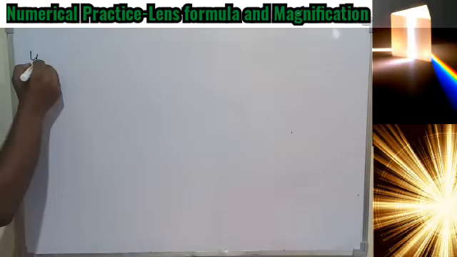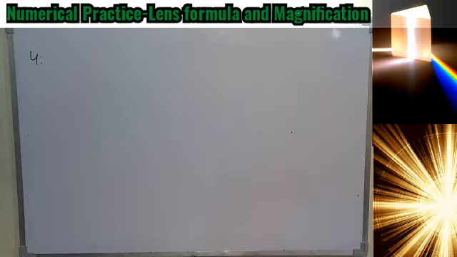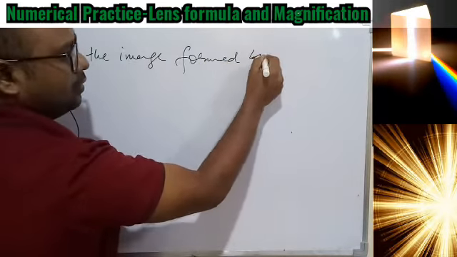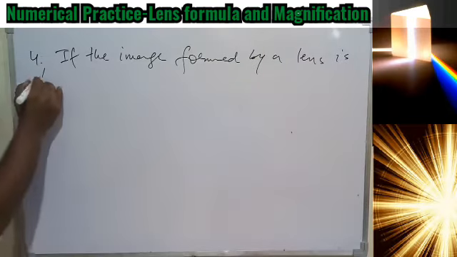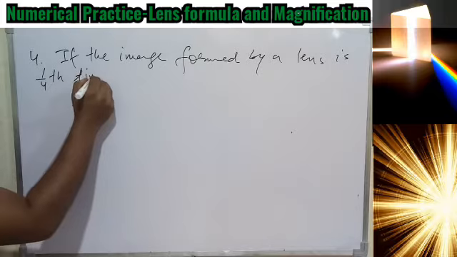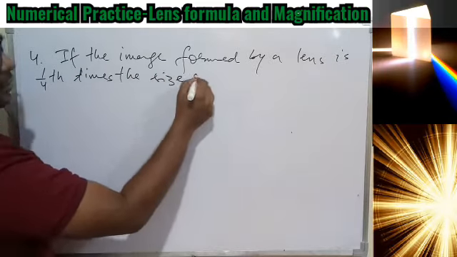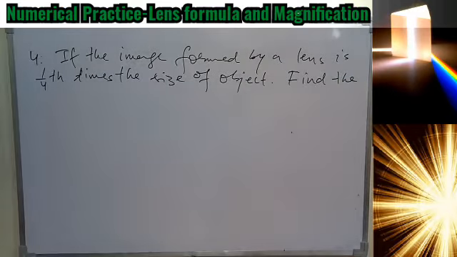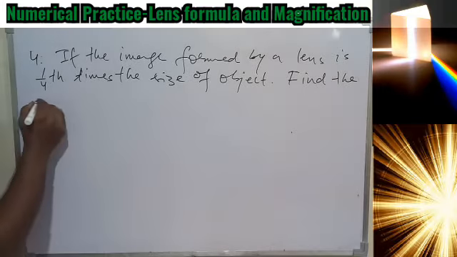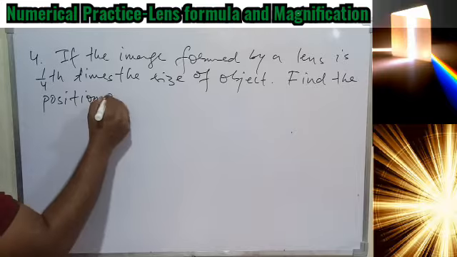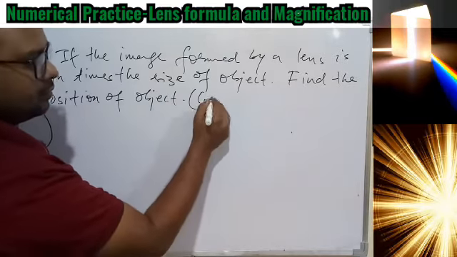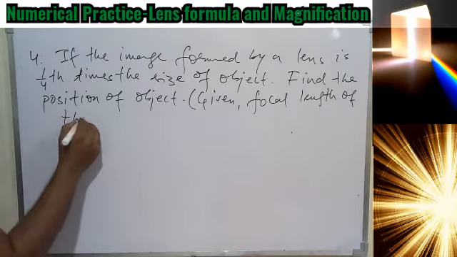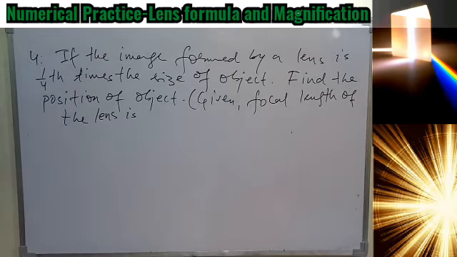The question says: if the image formed by a lens is 1/4 times the size of the object, find the distance or position of the object, given the focal length of the lens is 10 centimeter.